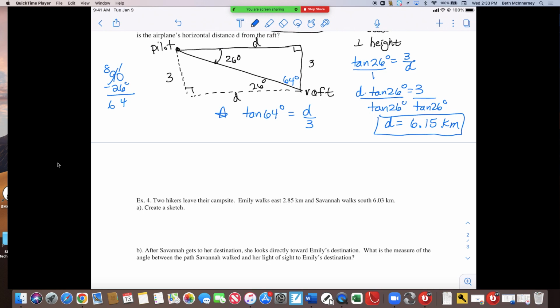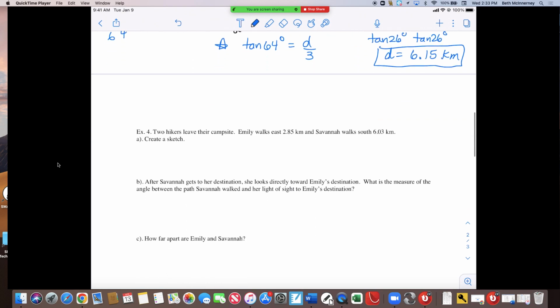All right, let's look at the last example. Example 4. 2 hikers leave their campsite. Emily walks east, 2.85 kilometers, and Savannah walks south, 6.03 kilometers. Create a sketch. So let's do that. So here's Emily at 2.85.